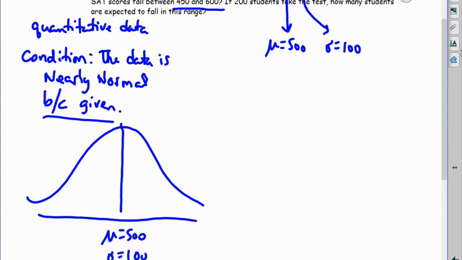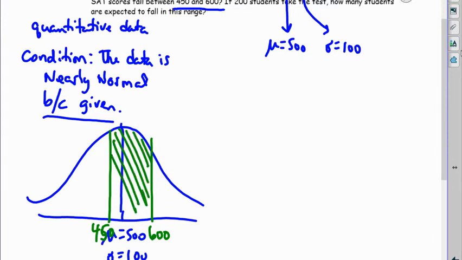Okay, now I want my scores to be from 450, so that would be on the left of 500. I don't know how far over. You could drop more over if you want more room. Okay, and 600, I'll just drop more over. And I want to know the area. So I'm drawing, I'm labeling, and I'm shading.